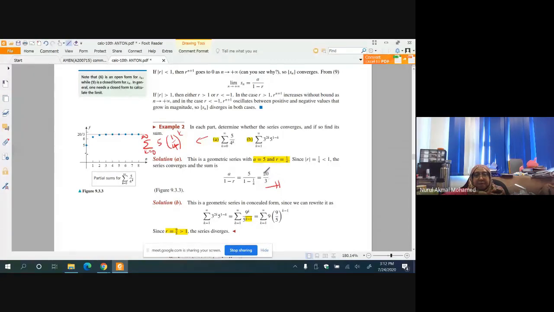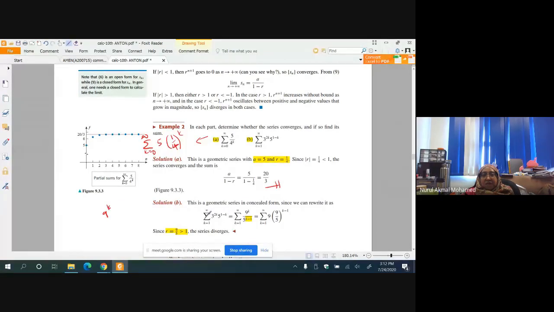And then for this one, 3 to the power of 2k multiplied by 5 to the power of 1 minus k. Firstly, you have to simplify. This 3 to the power of 2k is 9 to the power of k.